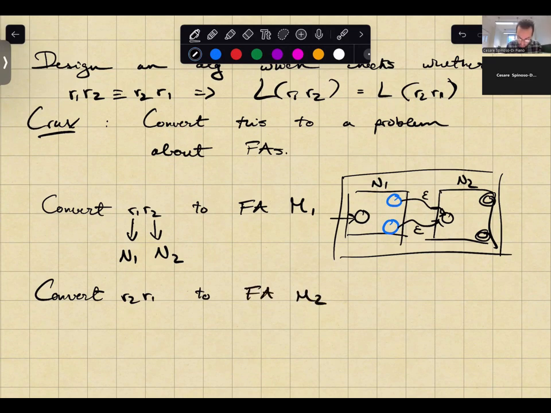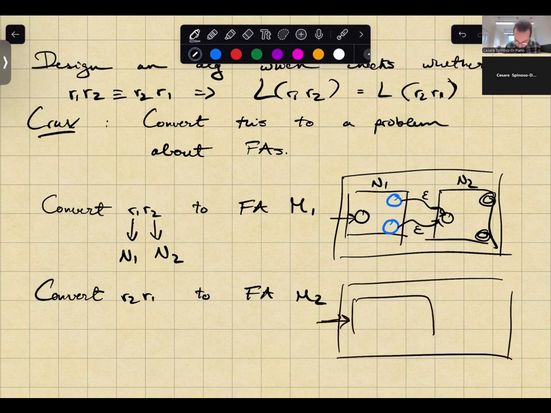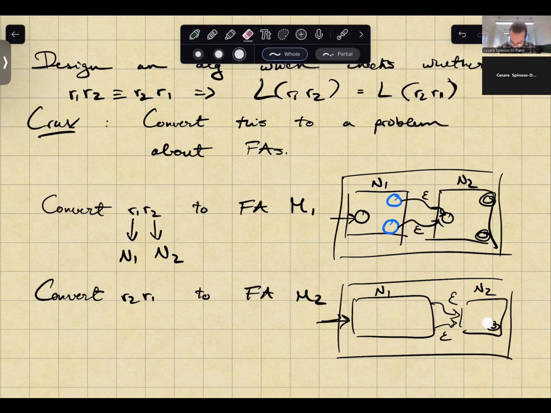I'm just going to depict it like this, a bit less detailed. I'm going to have N1, then epsilon transitions, N2, and then my accept states, right? You might pull out the accept states. In some conversion algorithms, you also make these non-accept states, and then you have a single one with an epsilon transition.